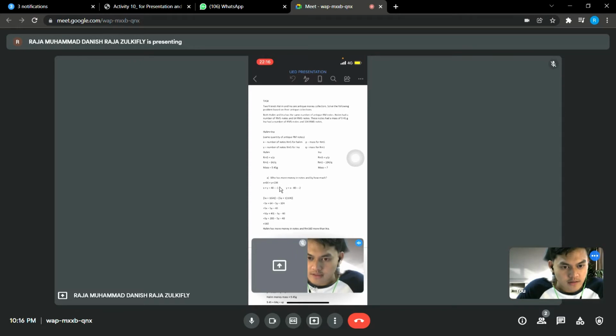From this equation, we can transfer and we get X equals Y plus 40 for equation 1. So we transfer 104, and the second equation is Y equals X minus 40.